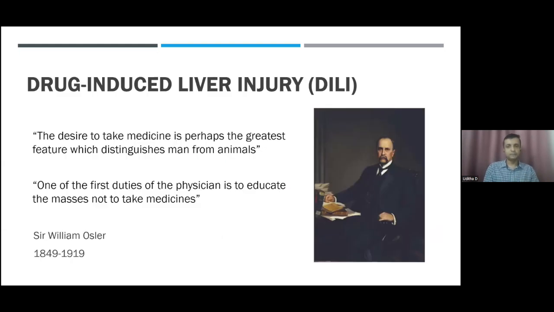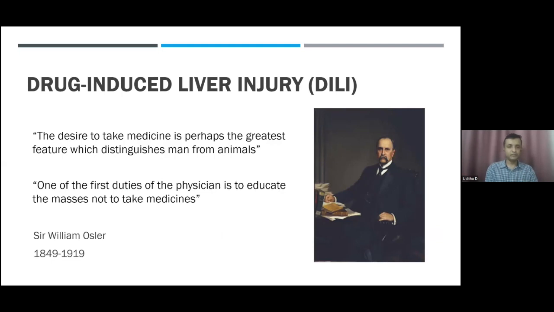And so to enter that topic, I have chosen a quote by Sir William Osler, who said that the desire to take medicine is perhaps the greatest feature which distinguishes man from animals. You know that William Osler was considered the father of modern medicine, but he was very skeptical when it came to prescribing drugs.